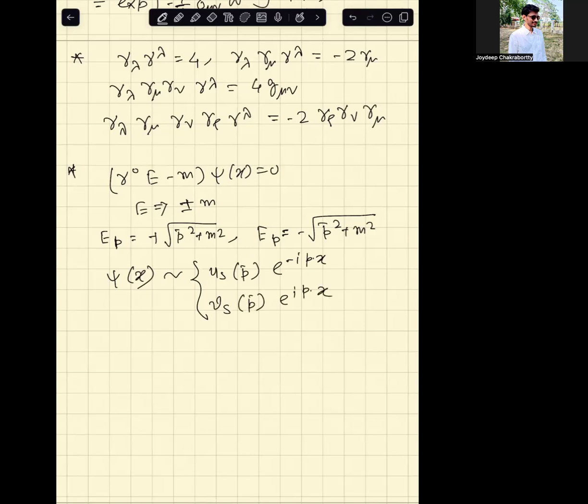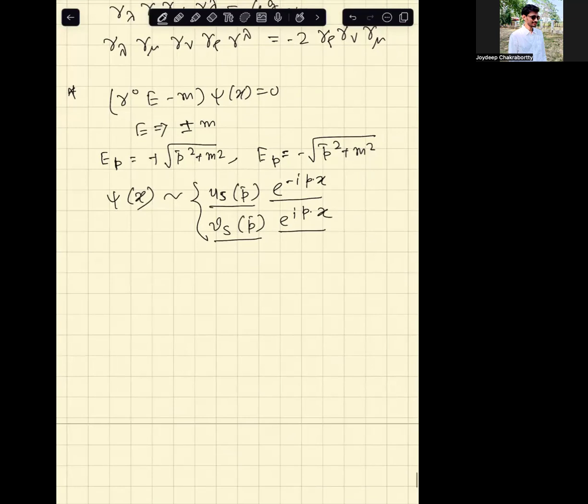For the scalar case, you have only these two parts, but for the fermion, because it should have a spin component, these are basically the spin wave functions.